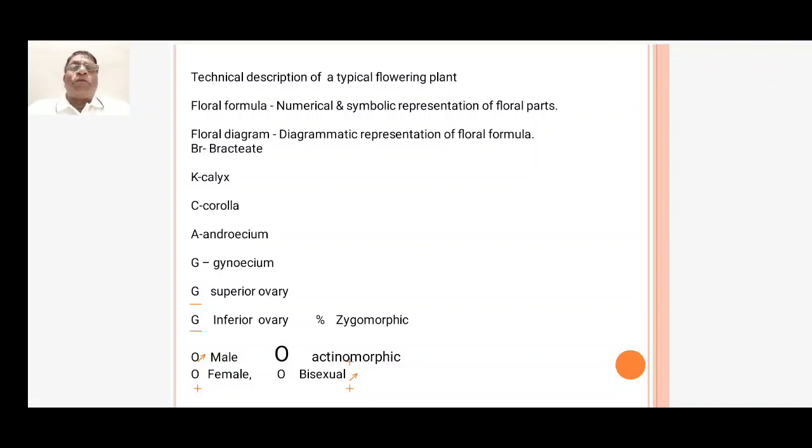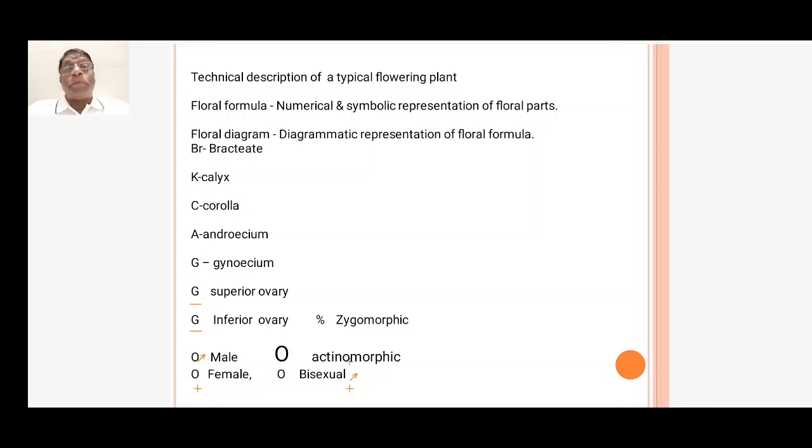Say, for example, first, the root system. What is the root system? Whether tap or fibrous root system. Then the stem. How about the stem? Whether it is cylindrical or angular or fistular, like that. Then the leaves.